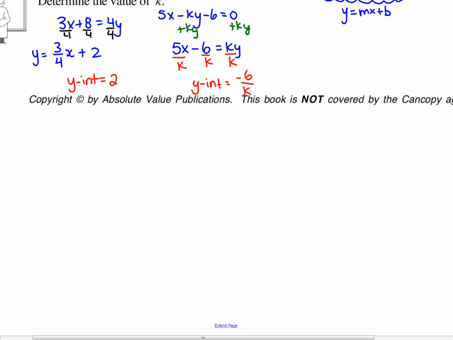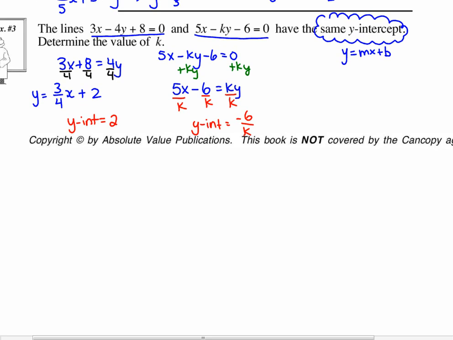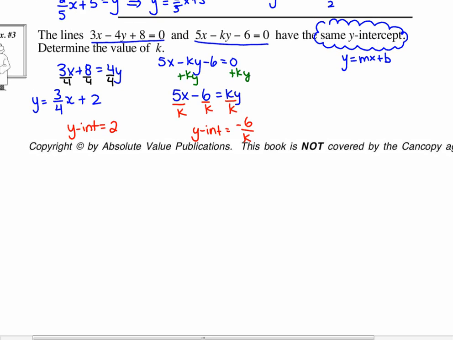A lot of k's going on. So 2 equals negative 6 over k. K has to equal negative 3. Right? K has to equal negative 3, because a negative divided by a negative would make a positive.